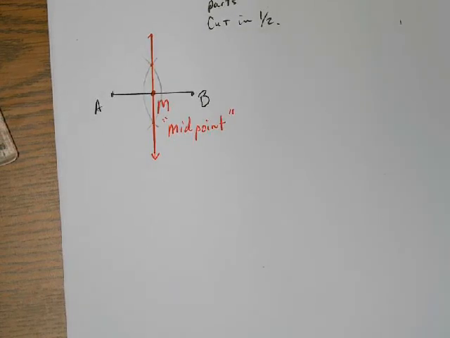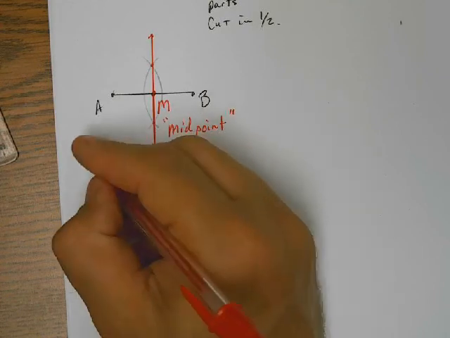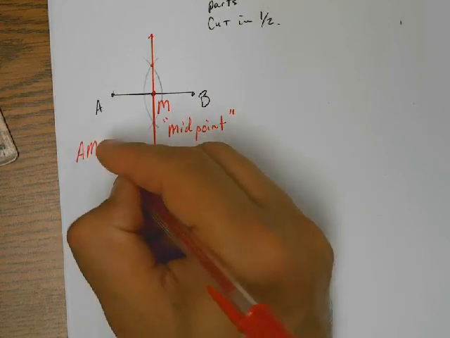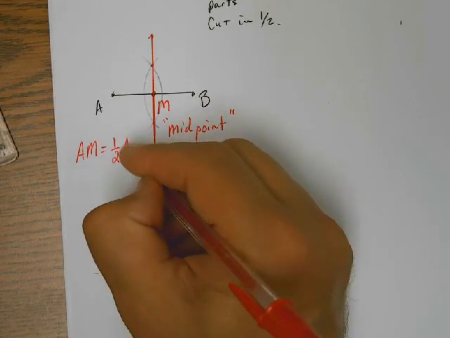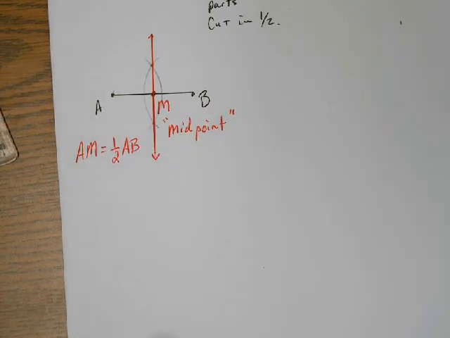So that's why we use the letter M, because it is the middle. It's cut in half. Should go without saying, but I'm going to say it anyway, that AM is equal to half of AB. We just cut it in half. We found the exact, precise middle of AB.